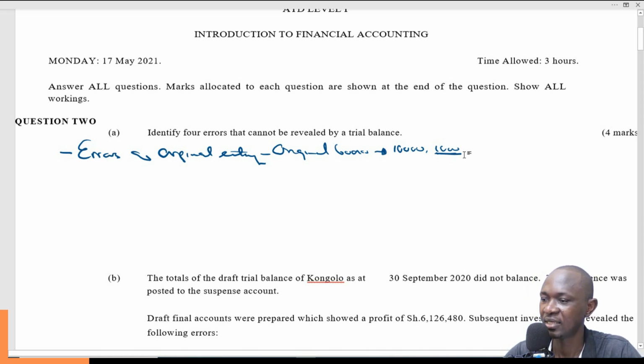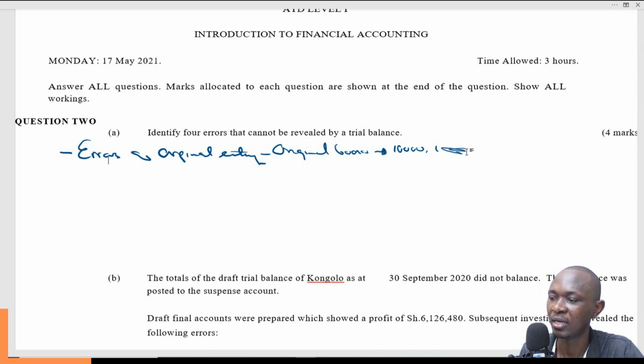So these are errors done in the original books of entry, and so they are transferred to the trial balance, and the trial balance will not be able to detect them because the debit and the credit side are the same.